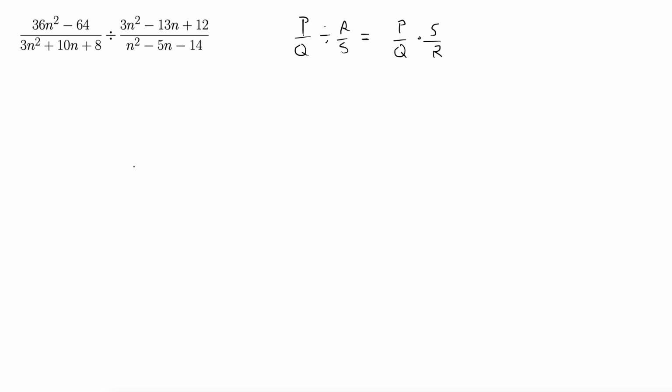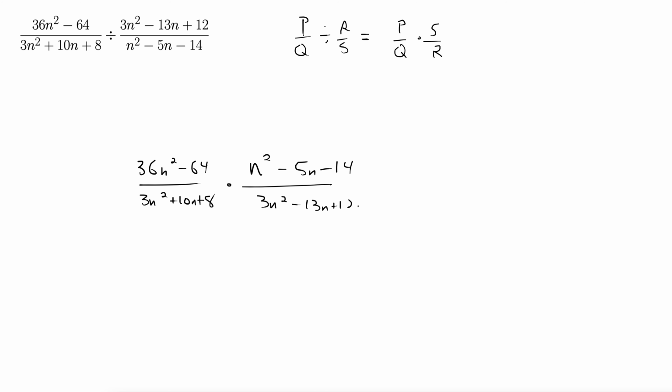The first term, 36n squared minus 64 over 3n squared plus 10n plus 8, remains untouched, times, and we flip the second term, multiply by the reciprocal, n squared minus 5n minus 14 divided by 3n squared minus 13n plus 12. Okay, now we're in business.